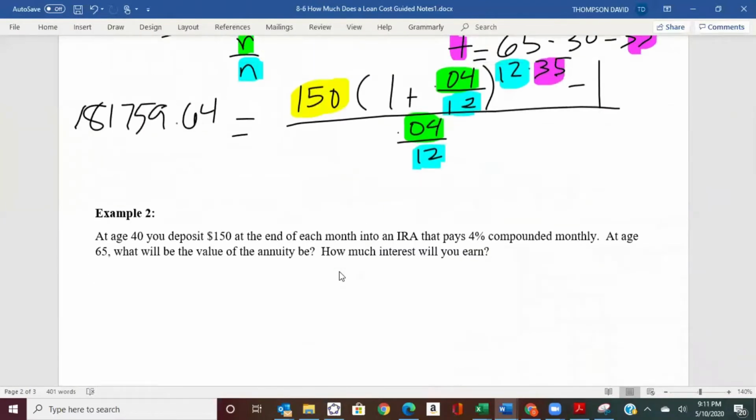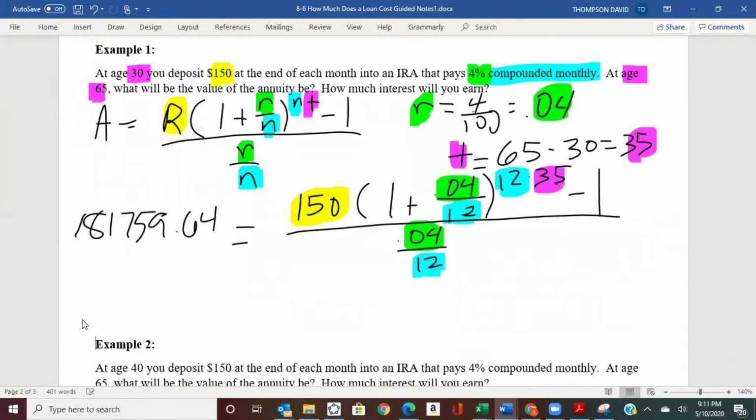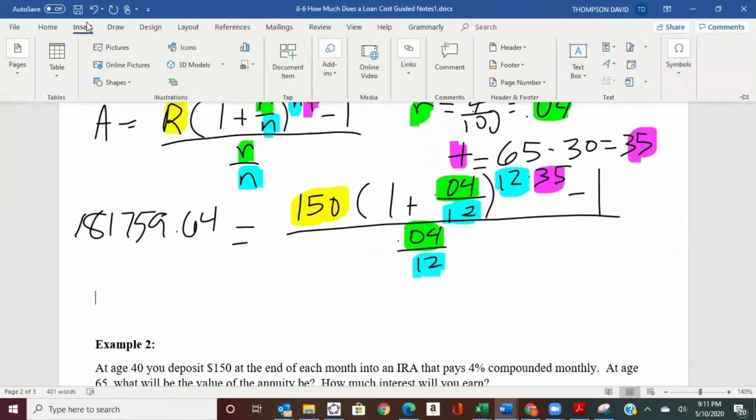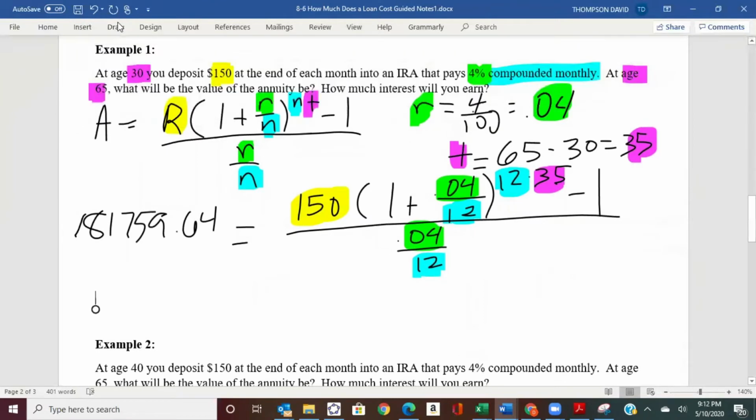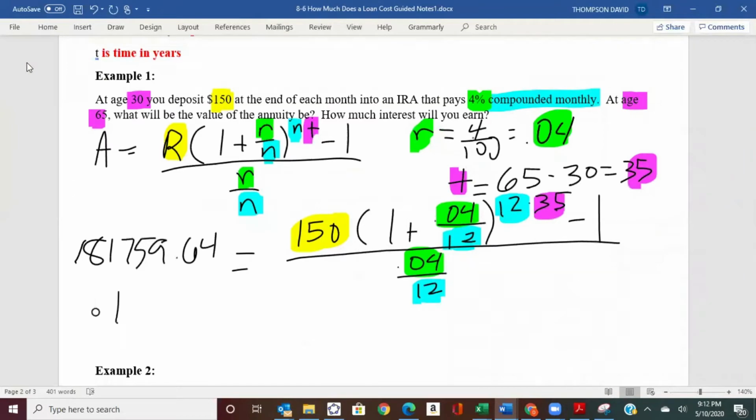Okay, we'll do a similar question. This time, the only difference in this and the previous question is we're starting at age 40. We forgot to answer how much interest he earned. So we need to figure out how much interest we'll earn. So we know that we're putting $150 a month in times 12 times 35.